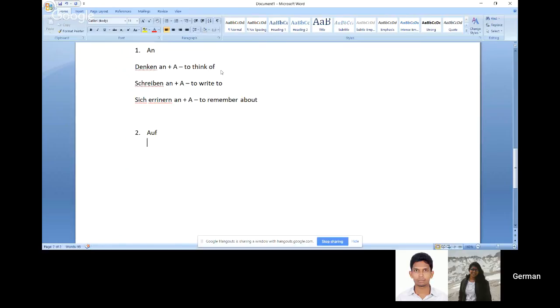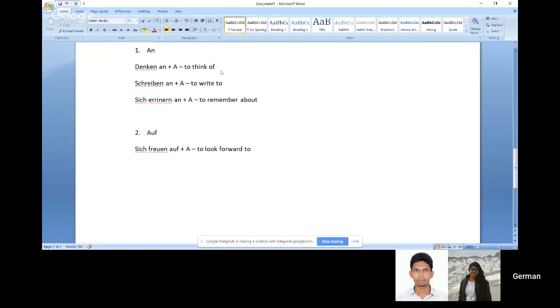Yeah, so with "auf", we have a few verbs associated: "sich freuen auf" plus accusative. It means to look forward to. Now "sich freuen" means to be happy about, but "sich freuen auf" is to look forward to.